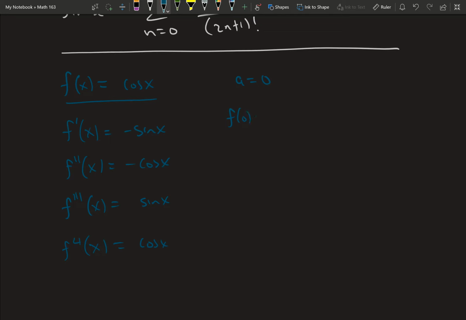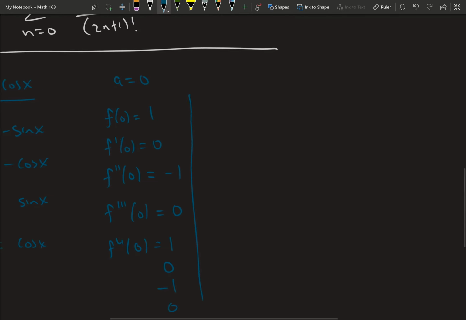So we have f of 0 being 1, f prime of 0 being 0. F double prime is minus 1. Triple prime is 0. Fourth derivative is 1. So we have this, again, repeating pattern, which if you keep going, you get 0, minus 1, 0, and so on. In this case, only the even terms survive.